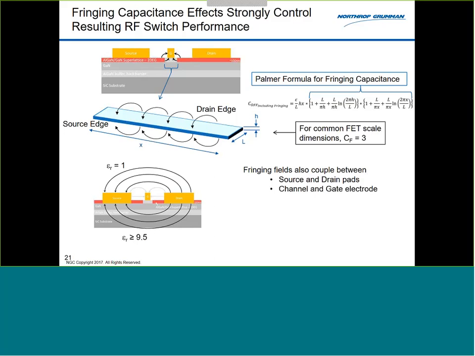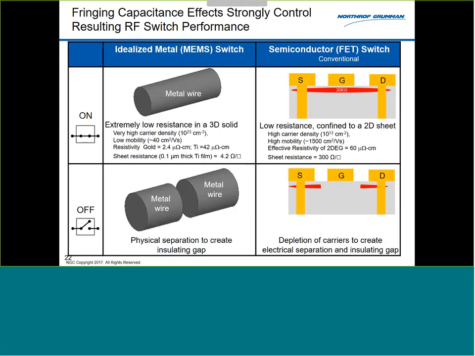And most of that fringing is going to be dominated by what's going through the substrate for most materials, because, for example, gallium arsenide has a dielectric constant of almost 10, versus what's going through the air, where the dielectric constant is about 1.